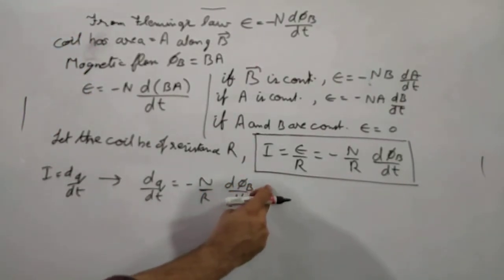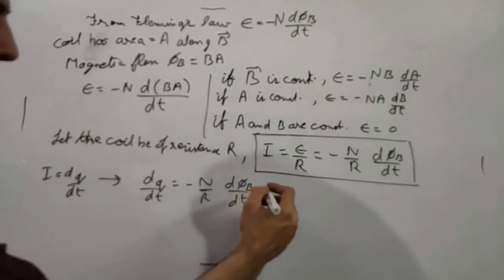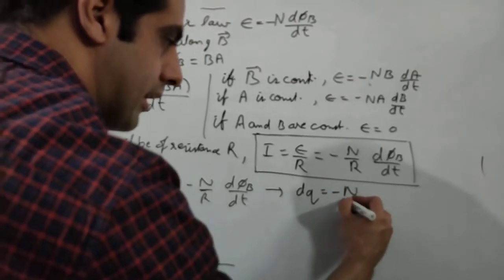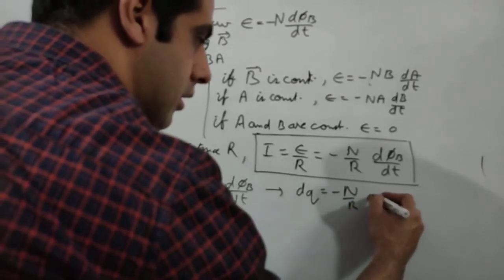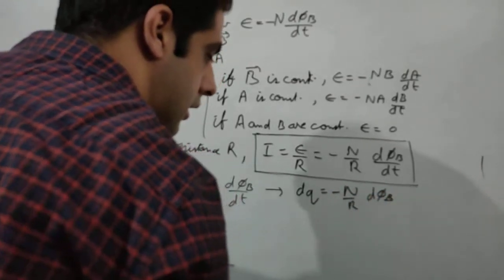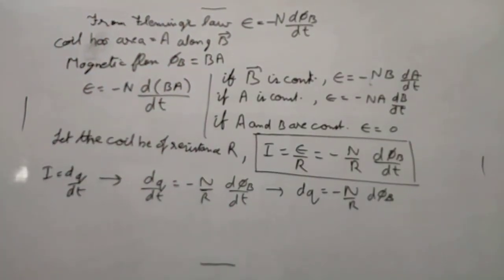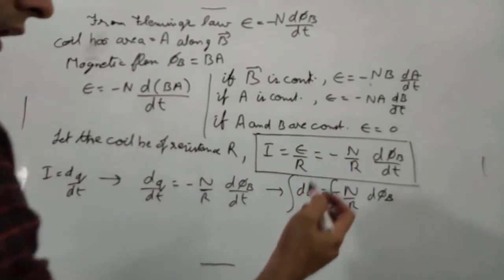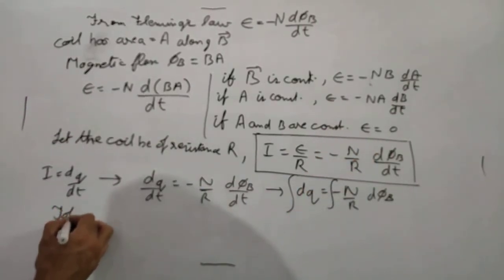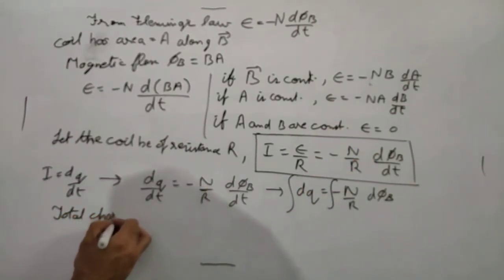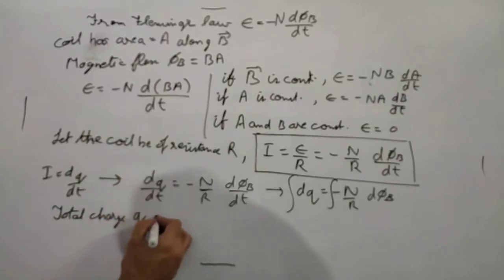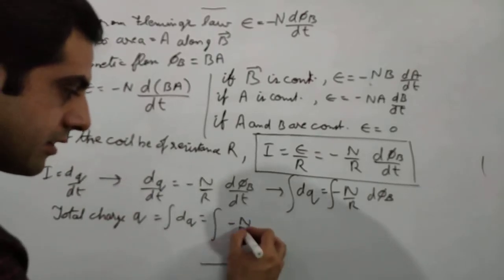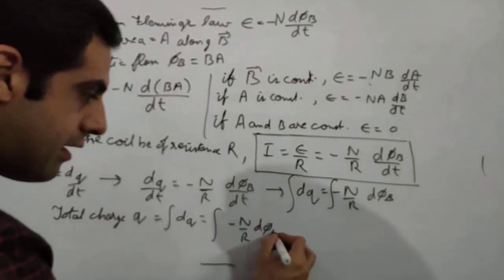If we bring dt here, then both dt will get cancelled, and what we'll get is dq equals minus N by R d phi B. Now this is the small charge dq. If you want to find the total charge, then we will integrate it, and the total charge, let's say Q, will be equal to the integration of dq or the integration of minus N by R d phi B.